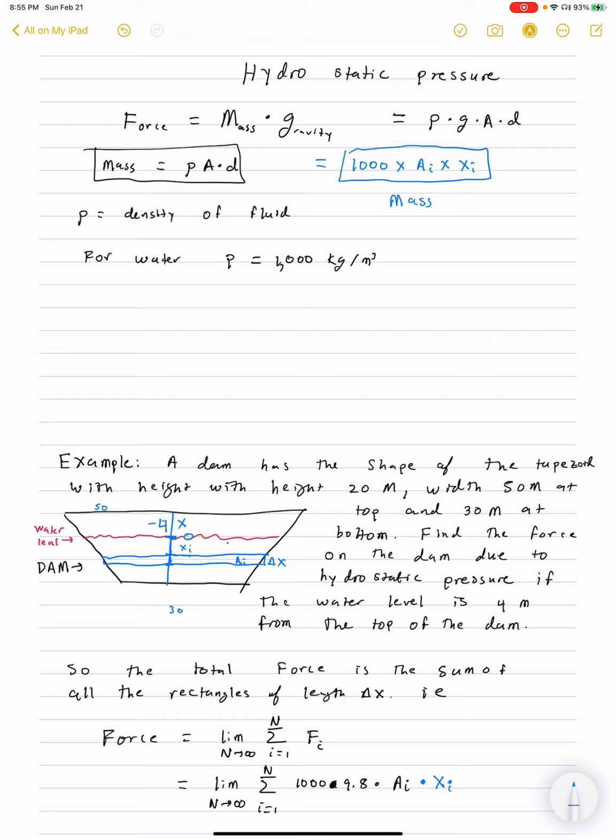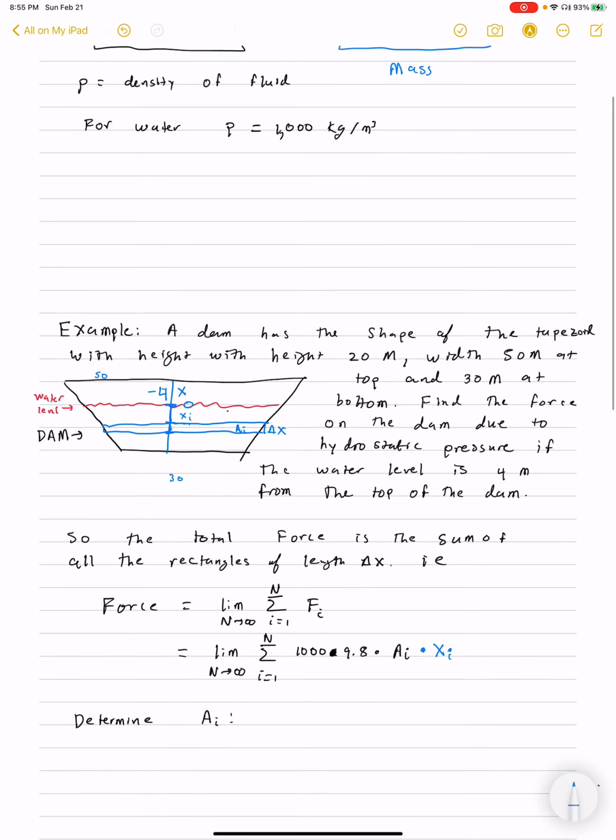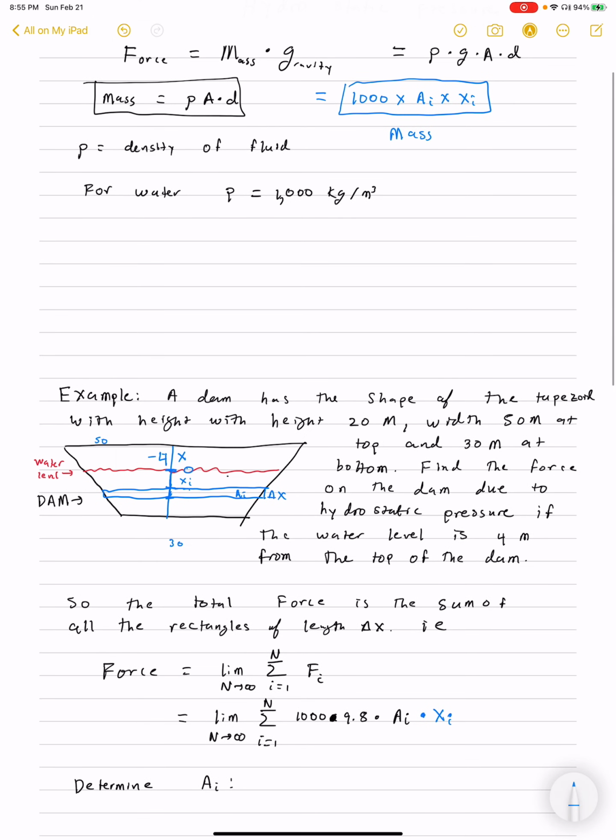Now, if I plug this equation in and I want to find the total force that is being exerted here, it's the sum of these forces. If I were to make a bunch of little strips of width delta x, I would just add the forces. Well, what happens if I inscribe infinitely many subrectangles and I divide up this interval infinitely many times?